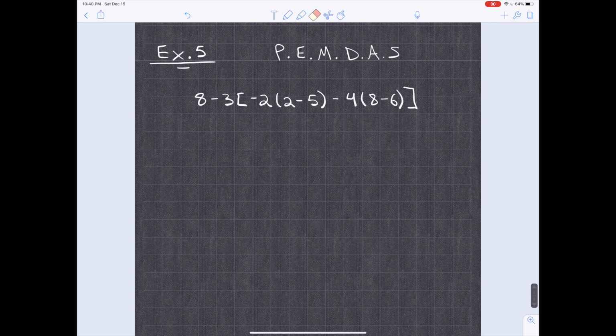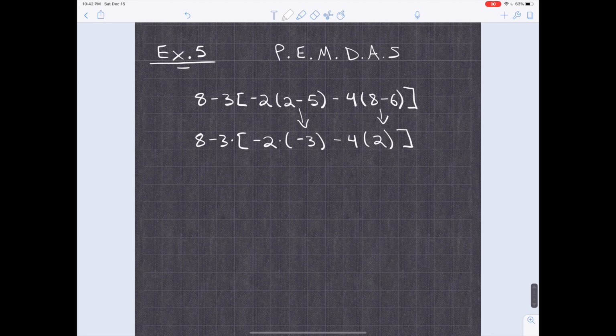And for our last example, we have another equation where we have multiple parentheses going on. So we'll go ahead and handle all that first. All right, if we were to go ahead and rewrite this equation, we have 8 minus 3, open parentheses, minus 2, and then this is going to be multiplying what was inside of this parentheses is 2 minus 5, which is minus 3, minus 4 times 8 minus 6 is 2, and then we'll close off the parentheses here.